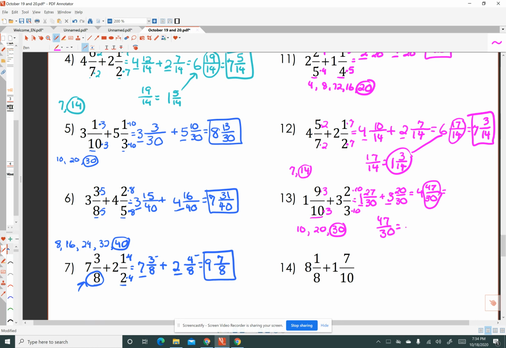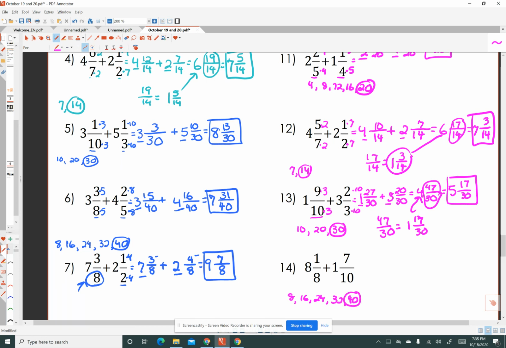And we end up with one group of 30 with 17/30 left over. We add that to the 4, which gives us 5 17/30.